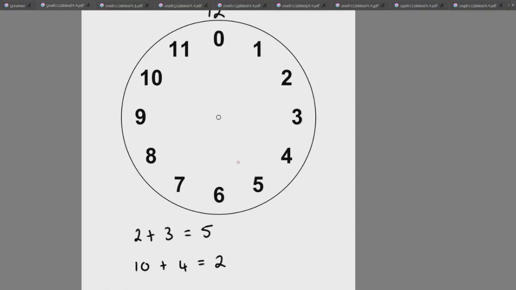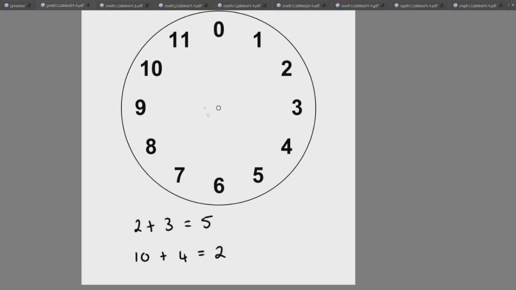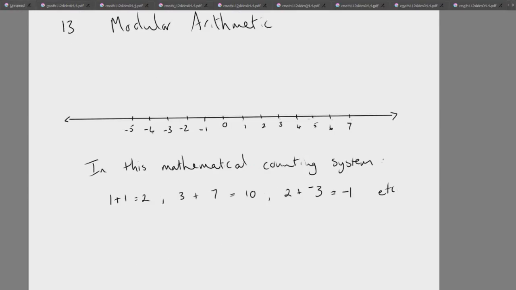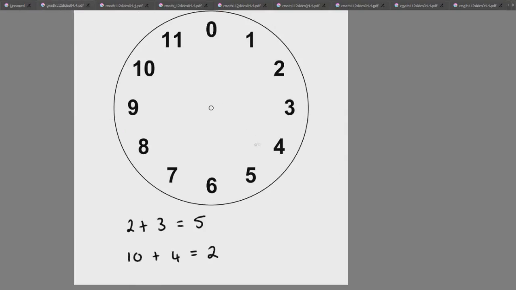The counting is essentially the same, except we're going around in a circle instead of a straight number line. That's the only difference. And because of that, the answer to any calculation, to any arithmetic question, is going to be one of these numbers.